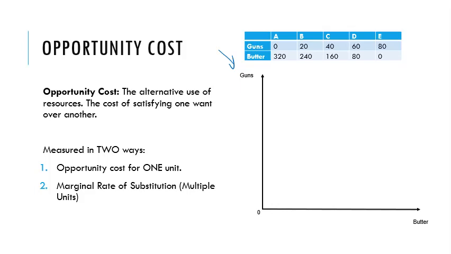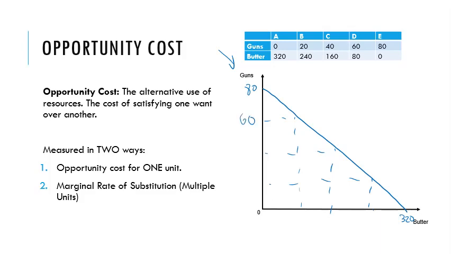Okay, we can graph it out where at 0 guns on our y-axis, we actually make 320 pieces of butter, okay, on the x-axis. But at 0 pieces of butter, we can make 80 guns. And this will actually continue on at different points.